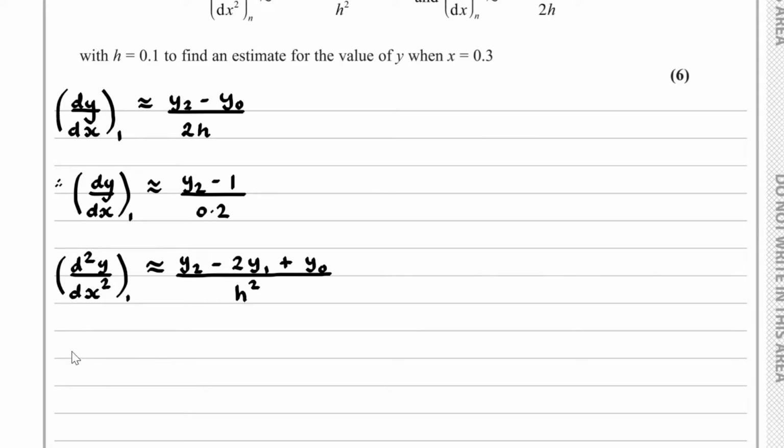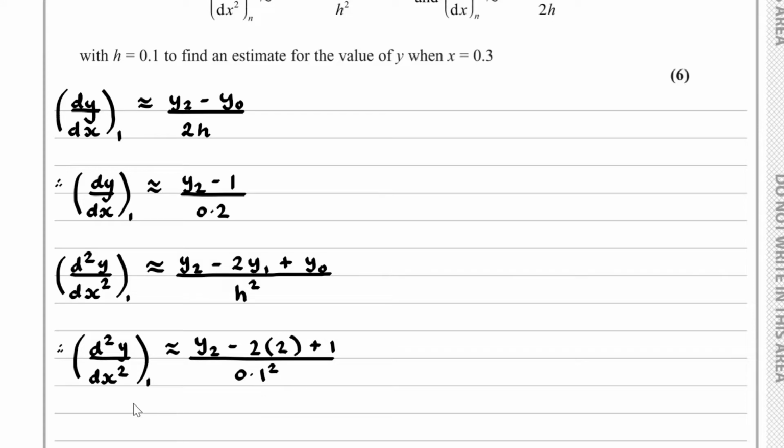And so therefore, we can see then d squared y over dx squared 1 is approximately equal to y2 minus 2 lots of 2 plus 1 divided by 0.1 squared.